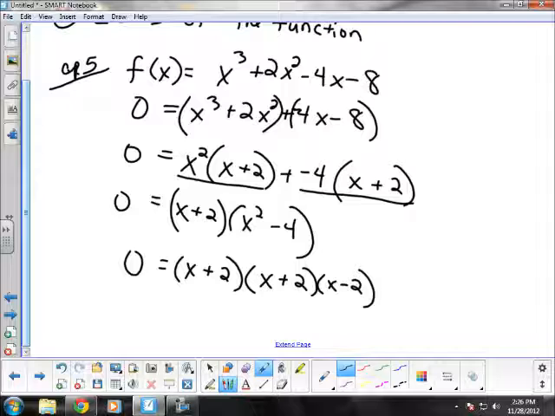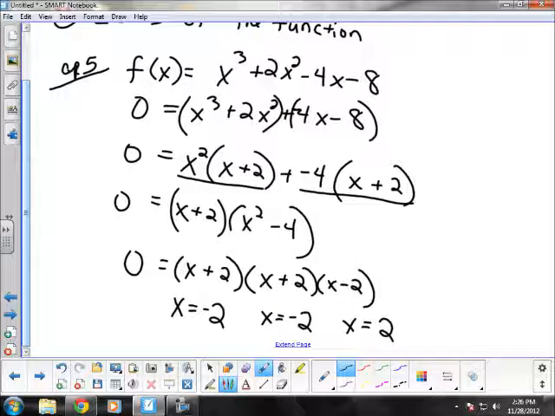And so my zeros, the places where it's going to cross the x-axis is when x is equal to negative 2, when x is equal to negative 2, and when x is equal to a positive 2. Now, did you notice that I have the same x twice? Okay? That's something called multiplicity.